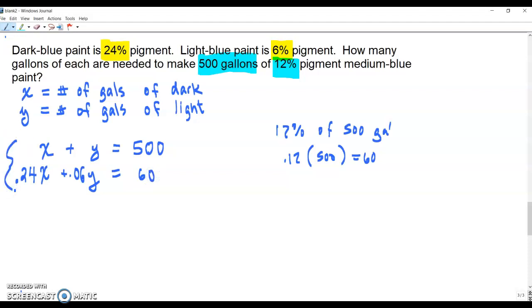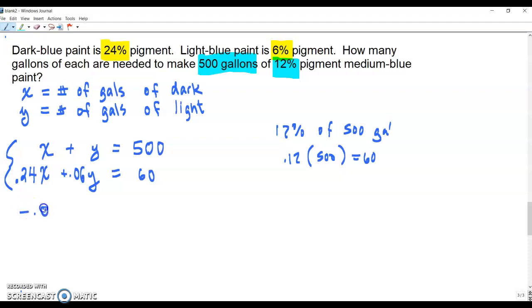There's my system. So they seem a little bit complicated, but every single concentration problem is going to be like this. X plus Y equals total. Concentration of X plus concentration of Y equals the concentration of the total. So I would solve this system. It's a little bit trickier. I'm going to need a calculator, I think. I think I'll multiply the top equation by negative 0.06.